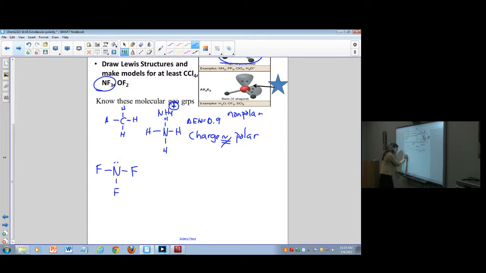I want to focus on the central atom. Now we have one lone pair of electrons. It's tetrahedral electron geometry because it has 4 areas of density: 1, 2, 3, 4. But the molecular geometry is trigonal pyramidal.